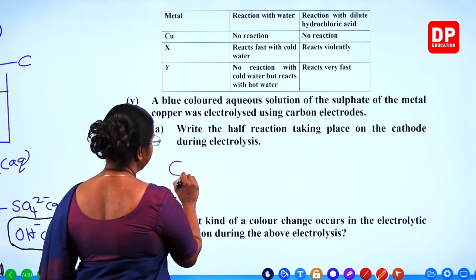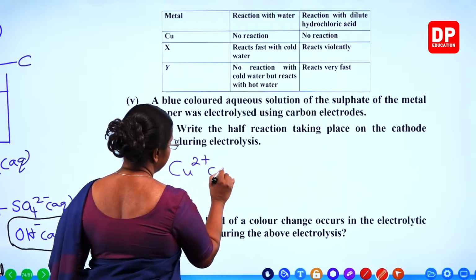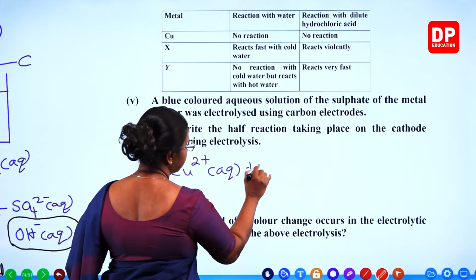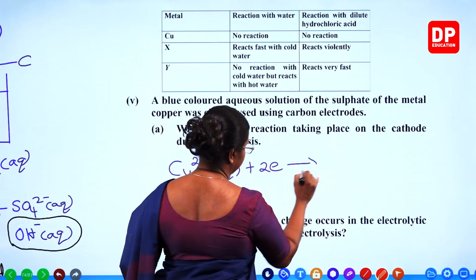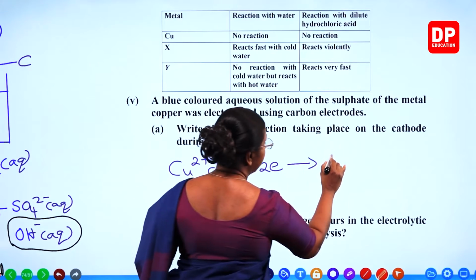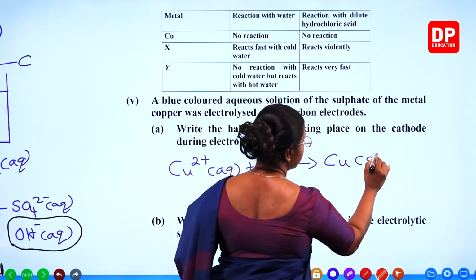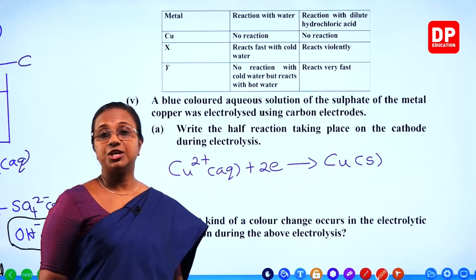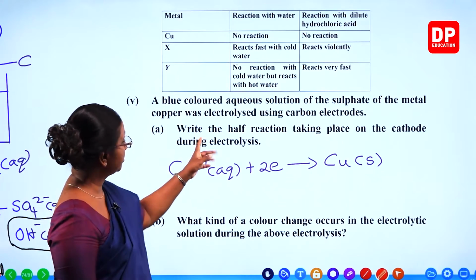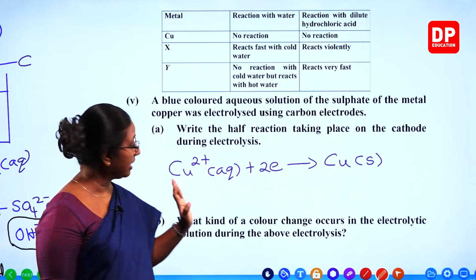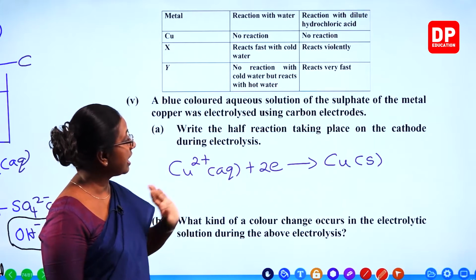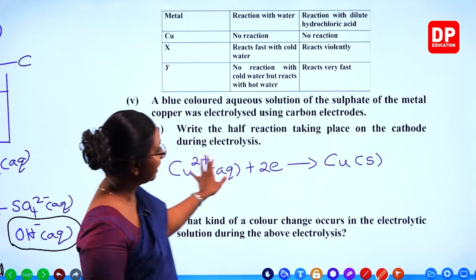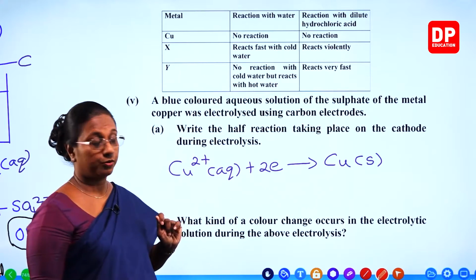So you have to write Cu2+ aqueous takes up 2 electrons, you have to balance, that forms copper solid. That is the reduction half reaction. Since you know it is copper, we write it as copper itself.